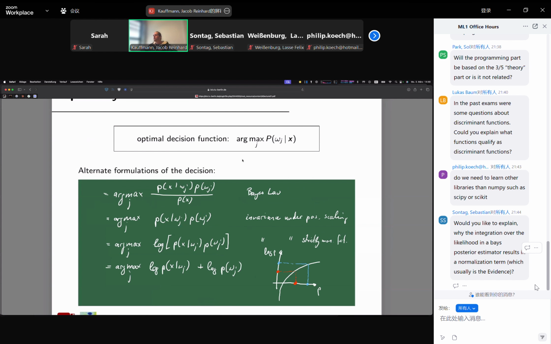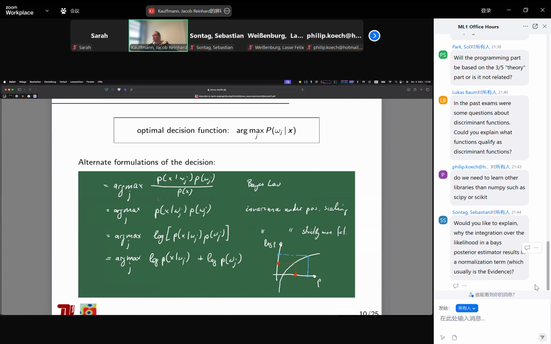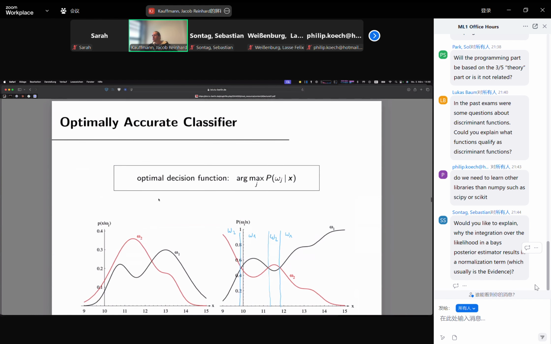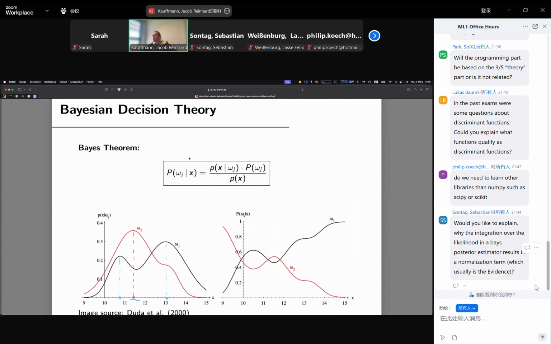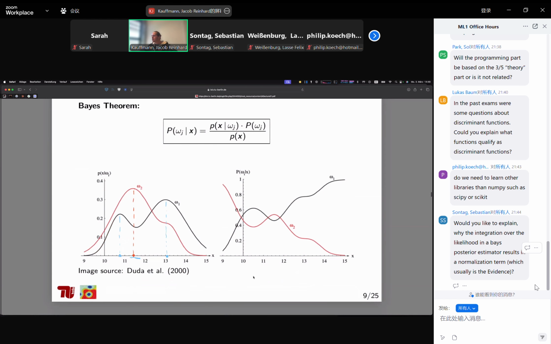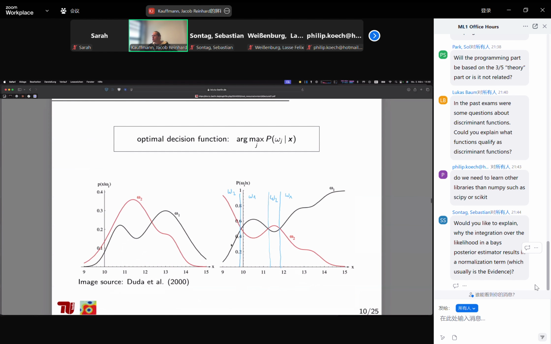Do you remember? We started with these posterior distributions, it looks like this on the right-hand side. According to Bayes' decision theory, you're supposed to always predict the class with higher posterior probability.